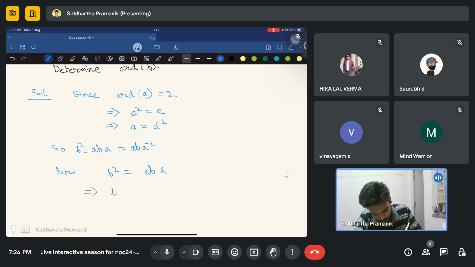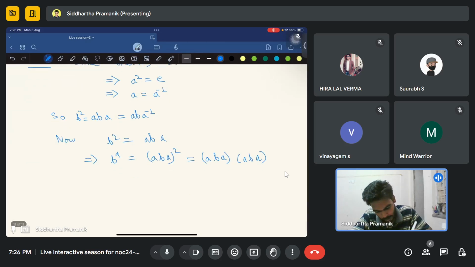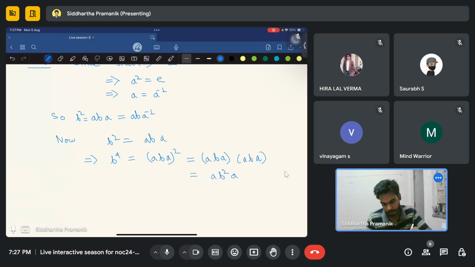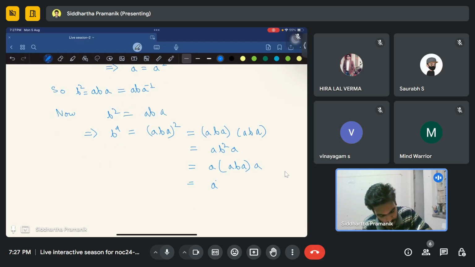So that will imply B to the power 4 is equal to ABA square, and we know A equals A inverse, right? So A square is identity. So A B square A. Now here we will substitute the value of B square. So this is same as A times ABA times A. So use the associativity. This will be A square B A square. So this should be equal to B.